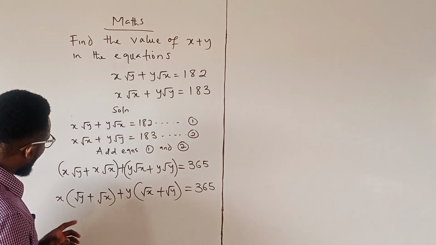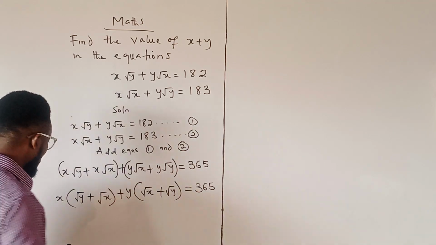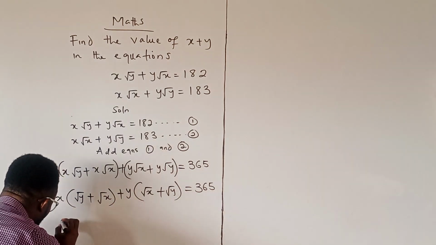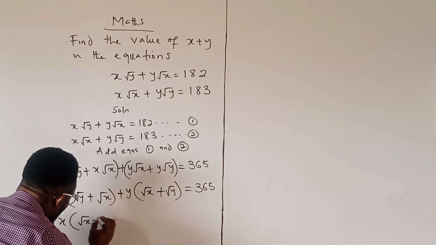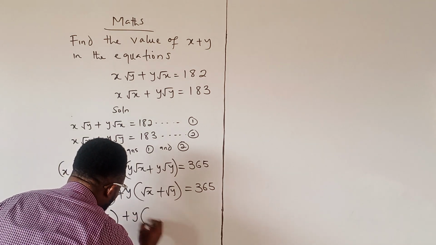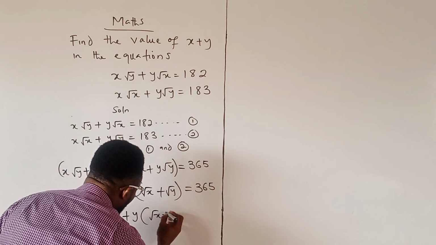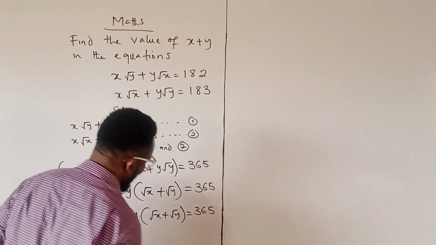So at the end of the day, this first parenthesis is actually identical to this, it's just a commutation. I can write x into rad x plus rad y plus y into rad x plus rad y equals 365.